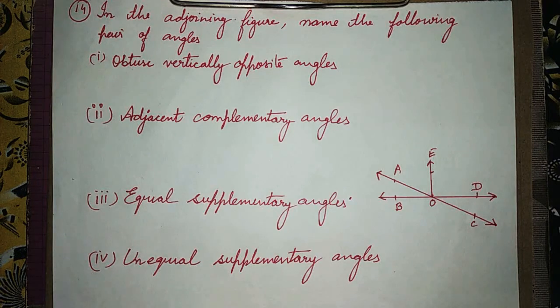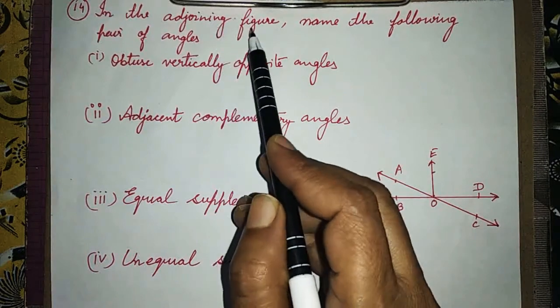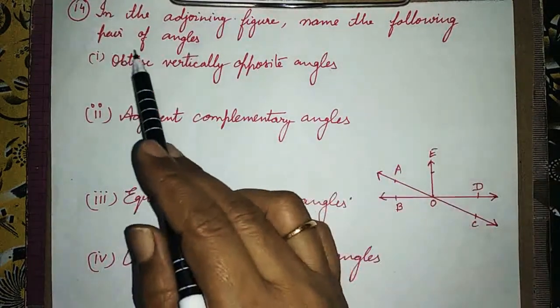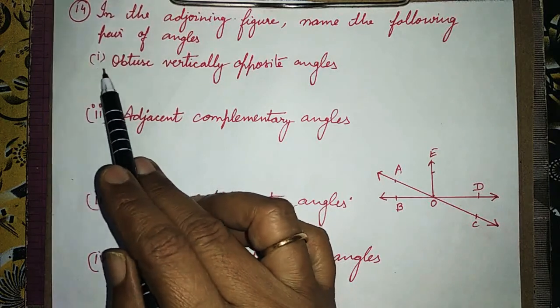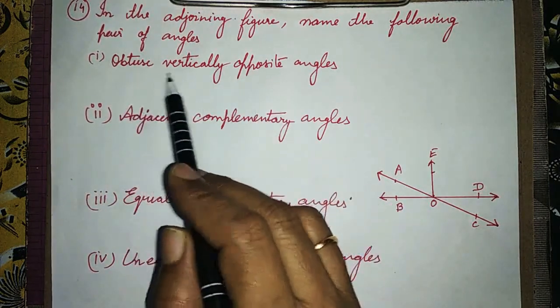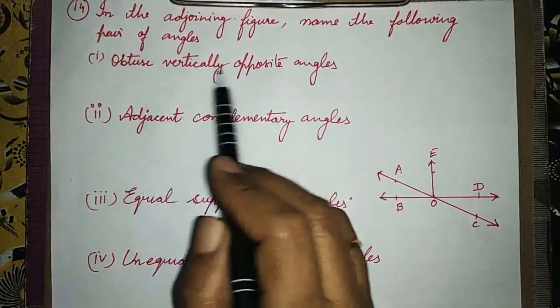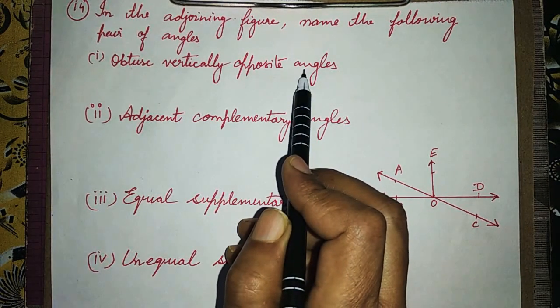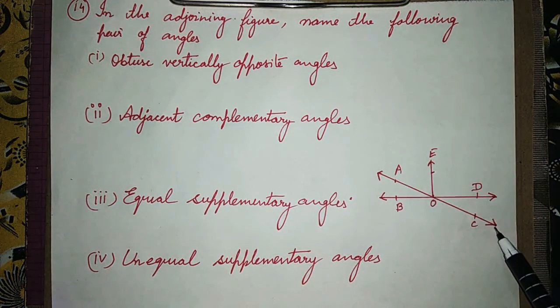Now students, see question number 14. In the adjoining figure, name the following pair of angles. Here, in the first part, you have to find obtuse vertically opposite angles. So, for this, here you can see line AC and line BD.